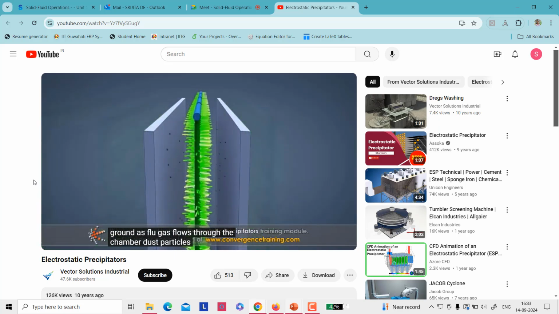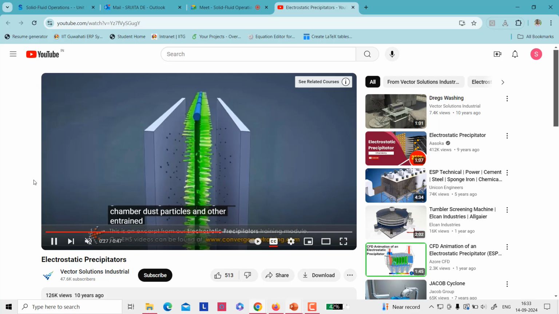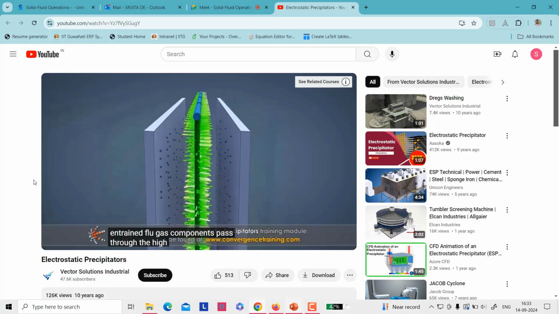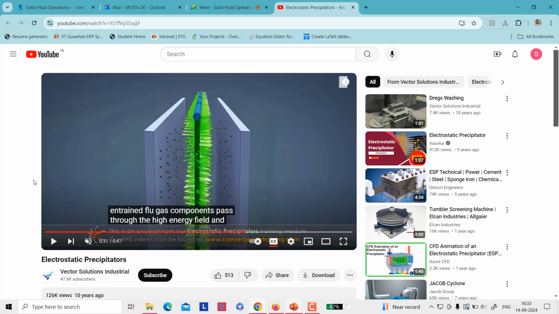As the flue gas flows through the chamber, the dust particles and other entrained flue gas components pass through the high energy field. The gas will be ionized easily because there is an electric field.